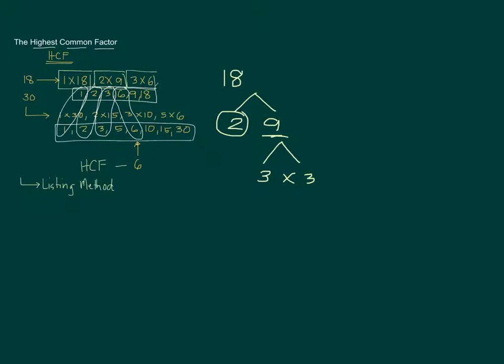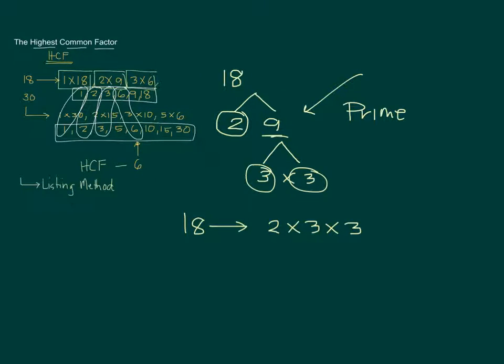So from here, 18 is expressed in terms of its prime factors as 2 times 3 times 3. Again, this method that we use to break down 18 is what we call prime factorization. We're breaking down the number 18 into its prime factors.